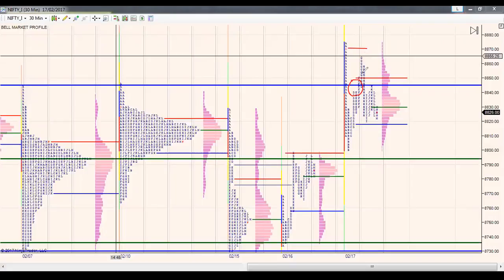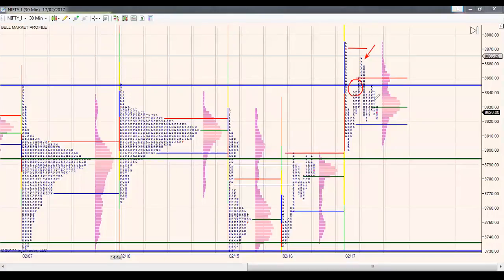But what happened was we went quite a bit above that. At this time I was expecting that we might test the open, but we did not do that. And then this was a nice opportunity to take an intraday short, and the prices came down.